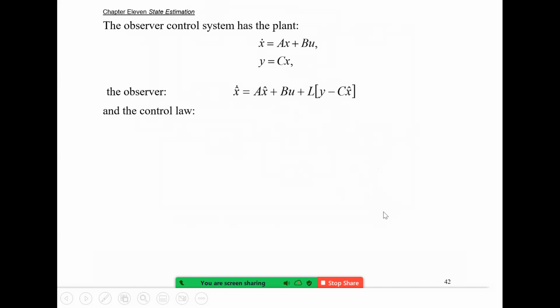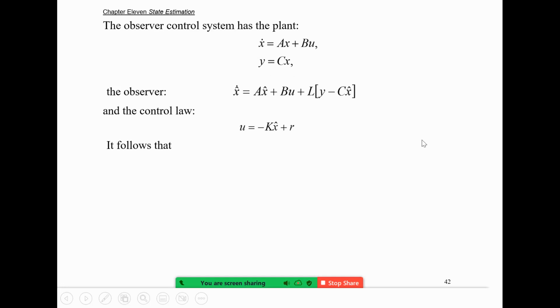How about the control law? The control law originally is minus kx plus r. Just to simplify the analysis, we don't use the prefilter, we just use r. So minus kx, now we use x hat to replace x. And then we want to know the stability of the whole system.